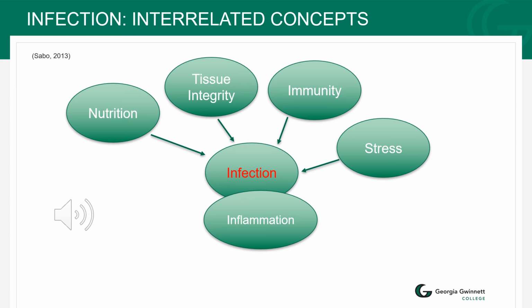And lastly, nutrition. So we need to maintain good nutrition. Good rest is also necessary for the body to be able to respond to infection and also support that immune response. So hopefully you get a feel for how those concepts, the nutrition, tissue integrity, immunity, stress, and inflammation, all are impacted by the concept of infection.